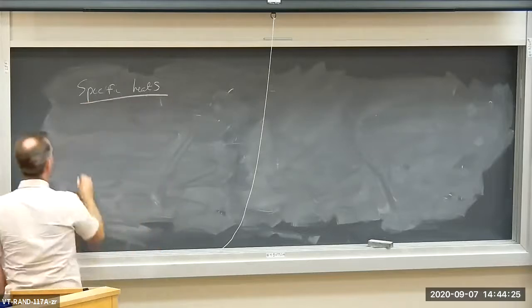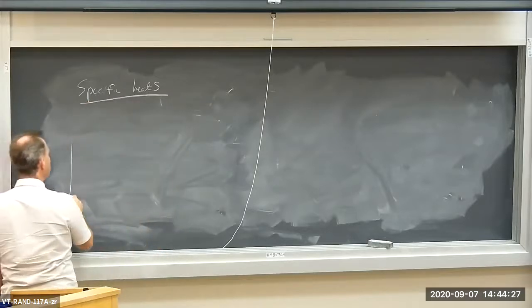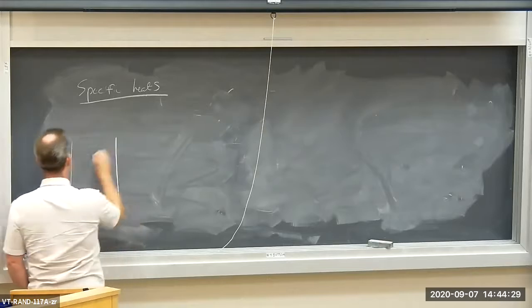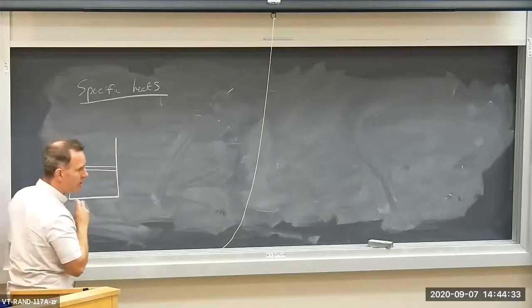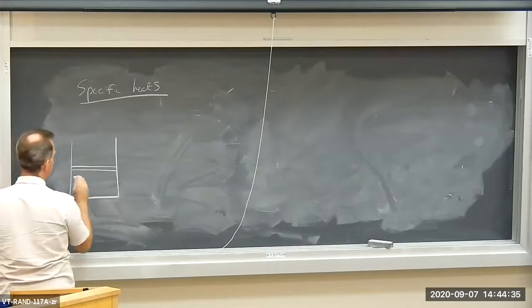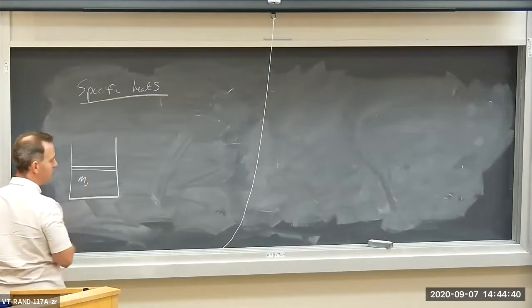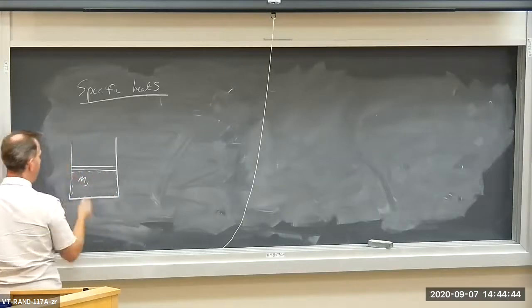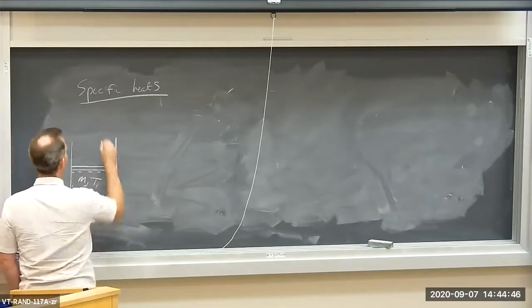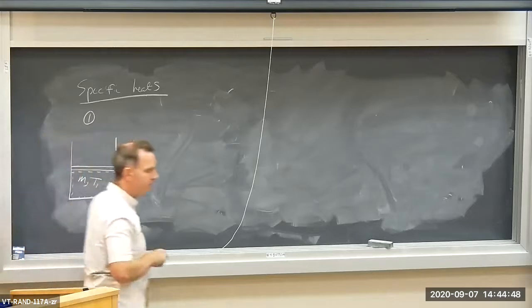So let's say I have a container here, a piston cylinder device, in fact. And I have some sort of mass in here, some sort of material with a certain mass. And it starts off with a temperature T1. So this is state 1.